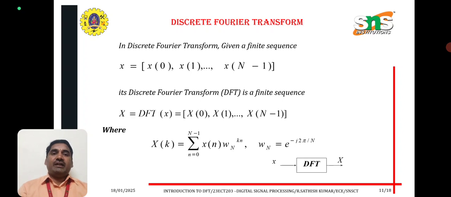Next one, discrete Fourier transform. In the discrete Fourier transform, given the sequence x of n for n equal to 0, 1 up to N minus 1, it is a finite sequence, therefore capital X is equal to DFT of x of 0, x of 1 up to x of N minus 1.